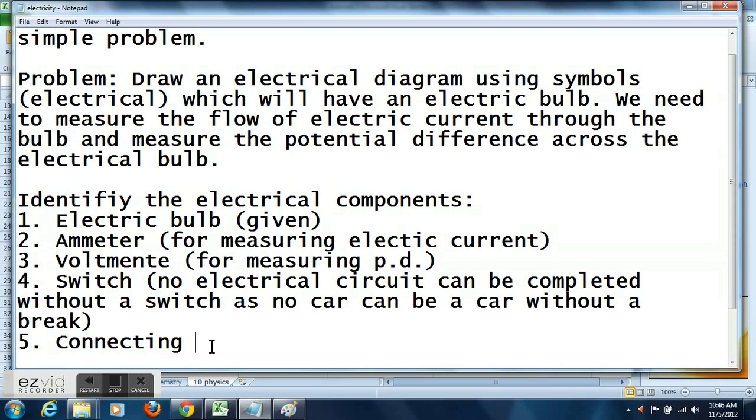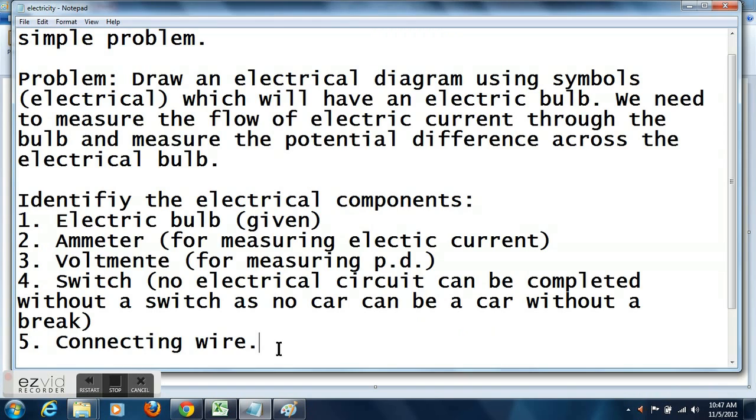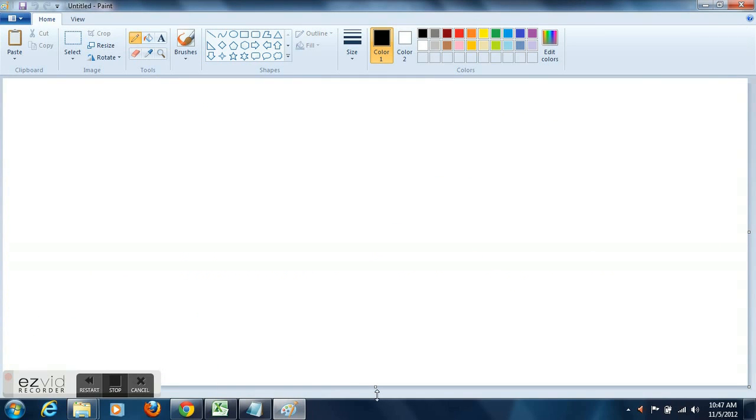Of course, we need connecting wire. Even though it is not given, without a connecting wire you cannot complete an electric circuit. And we need one more thing, and that is a cell for power supply. Even though it is not explicitly mentioned, we definitely need a cell.